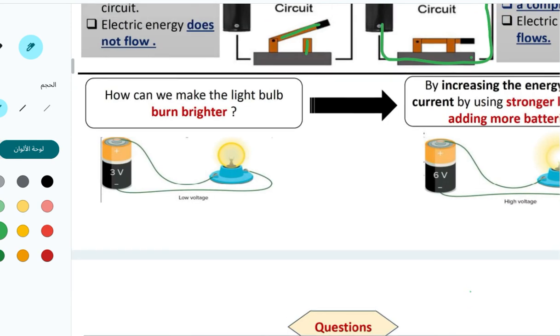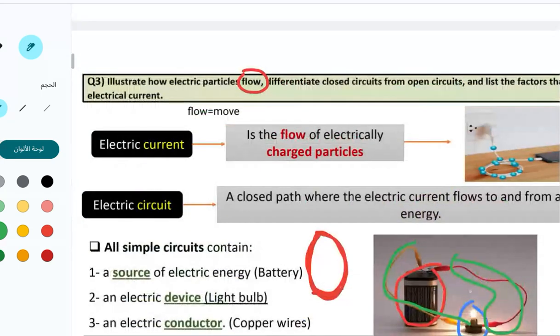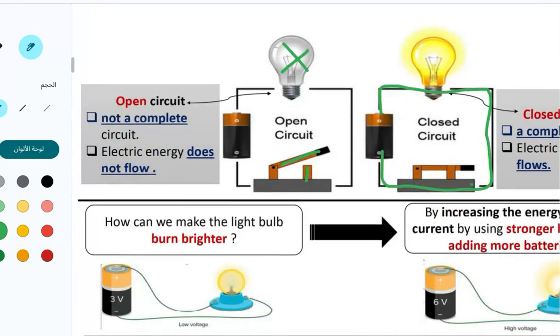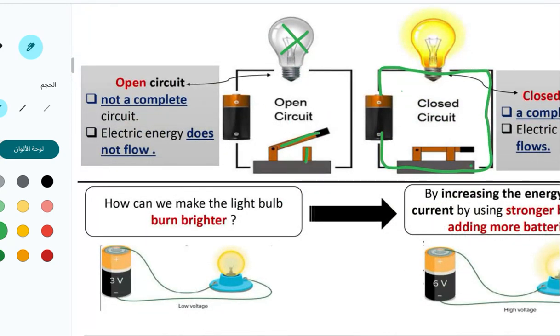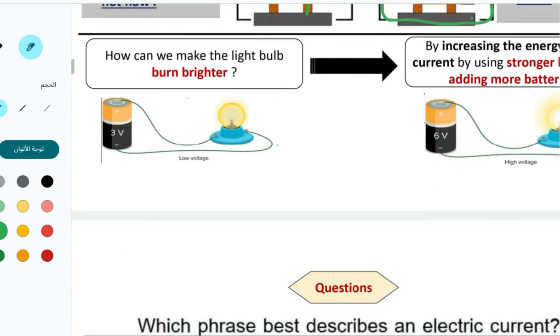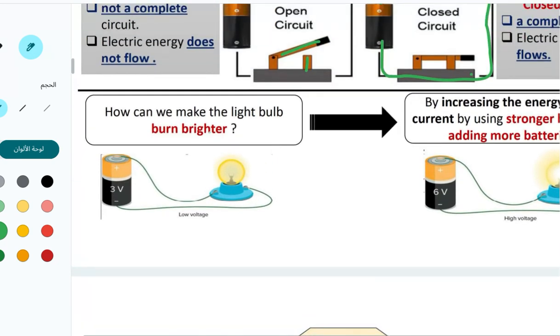So what is a factor? Remember, we need to list the factors that affect an electric current. One factor that's going to affect this current is whether it's on an open or closed circuit, because the current cannot flow if the circuit is open. Another factor that will affect this circuit is how much energy is flowing through the circuit. We can see here that we have a 3-volt battery.